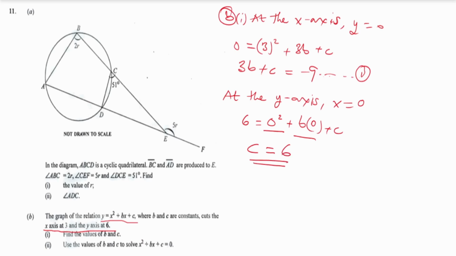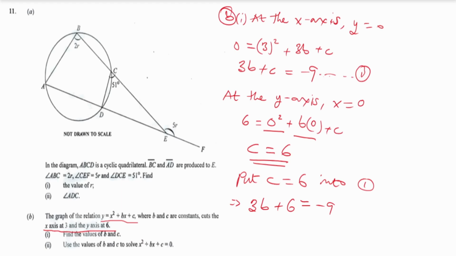Equation 1 here has b and c as the unknown variables. So since we know c now, we can solve for b. We put c equals 6 into equation 1, so equation 1 now becomes 3b plus 6 equals -9.